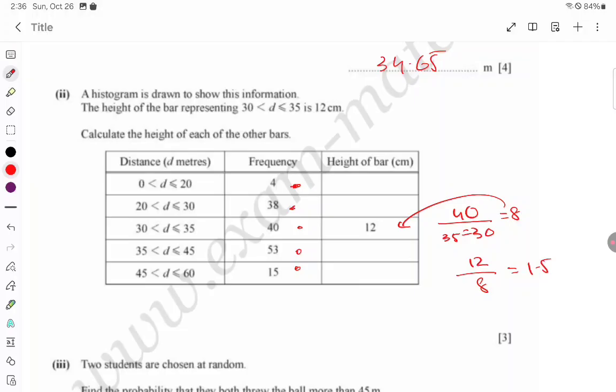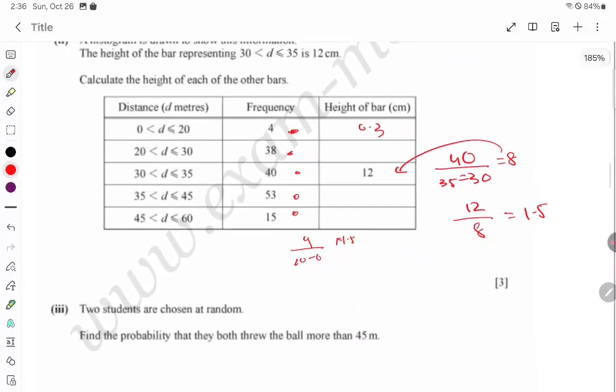For that, we first calculate for the 4. 4 divided by 20 minus 0 multiplied by 1.5, 0.3. 38 frequency divided by the range of distance 30 minus 20, 3.8 multiplied by 1.5, it will give you 5.7.